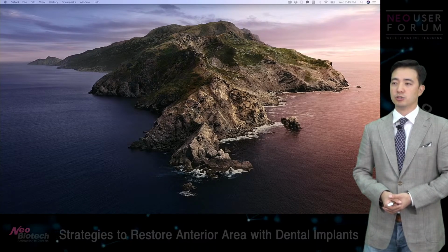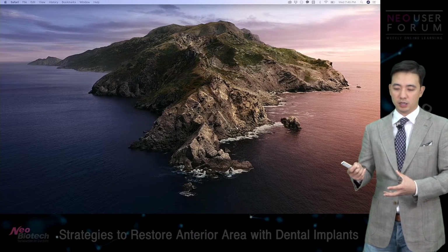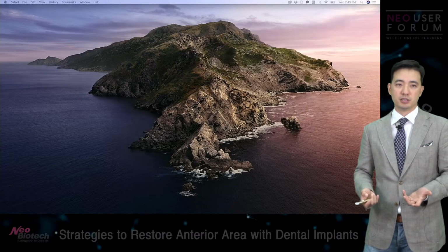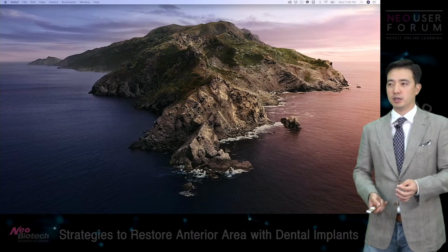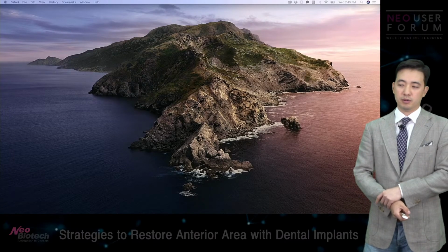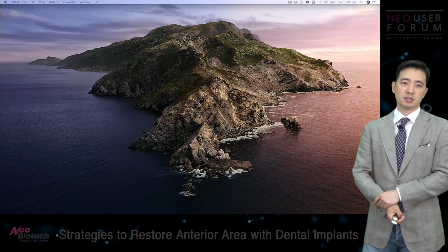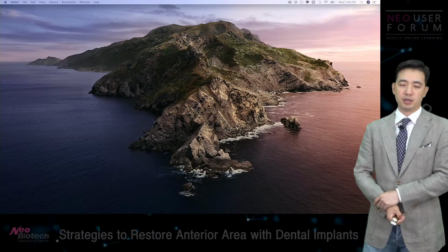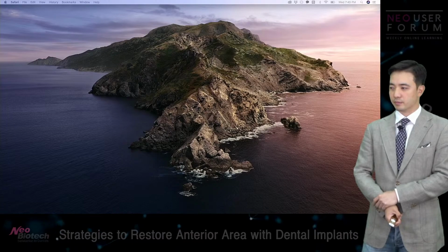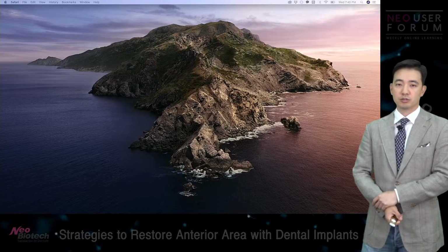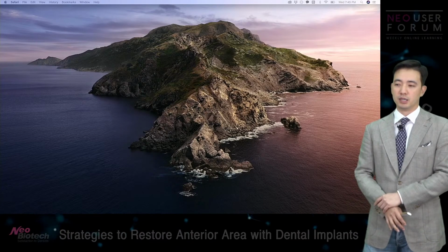Imagine you're trying to extract a maxillary central incisor when the patient has 0.3 millimeter of buccal bone thickness. You're going to end up either breaking the buccal bone plate, or it's going to resorb for sure, 100%.